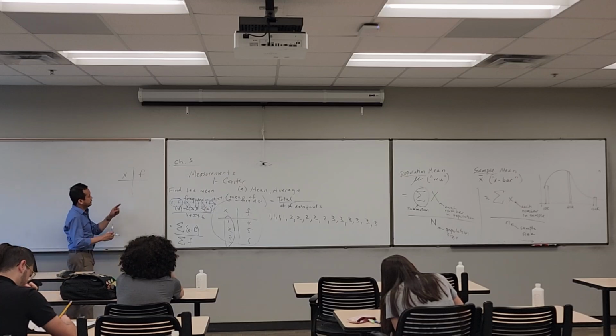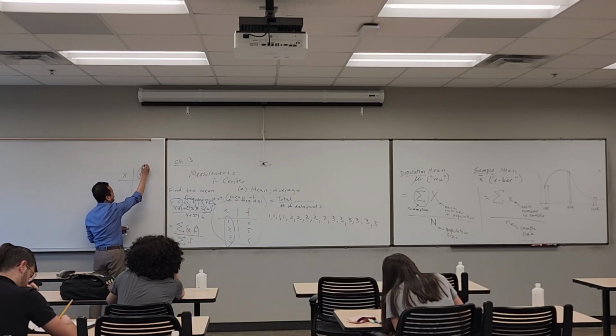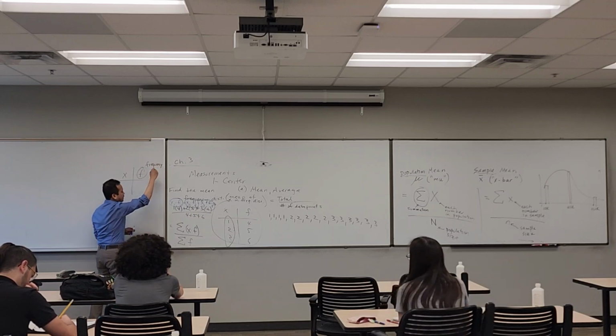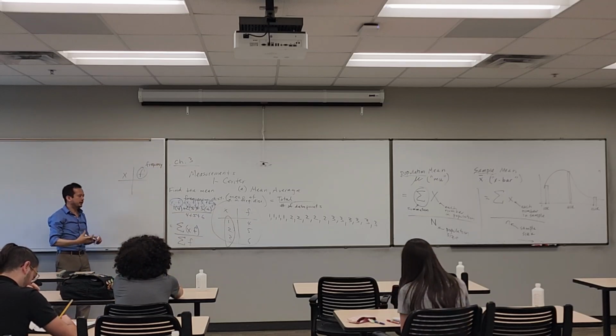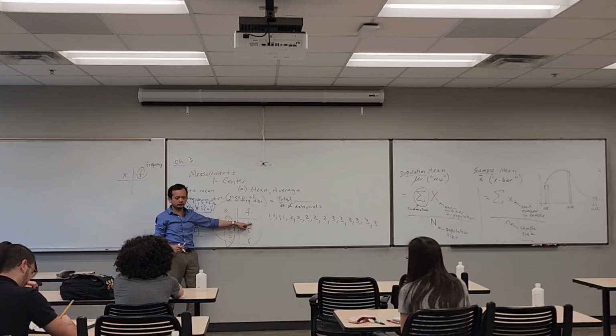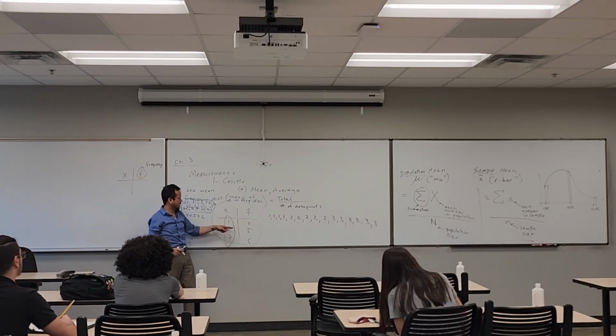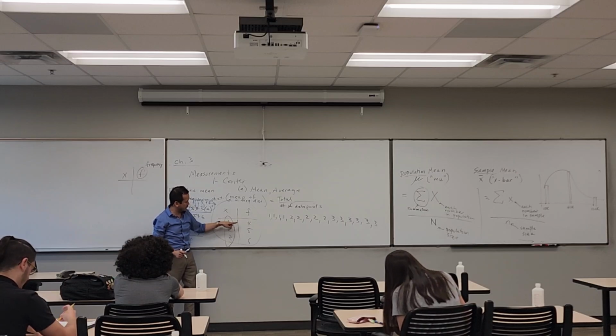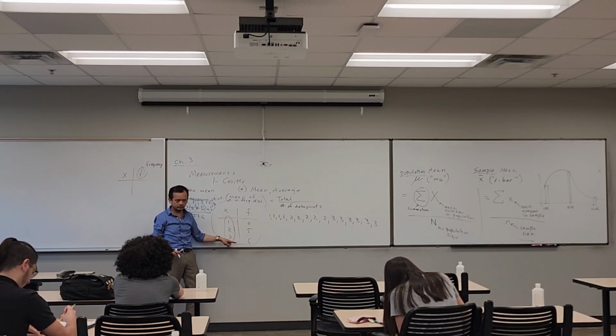Okay, and so this f stands for frequency. But you can also think of it as each of these x values being weighted a certain way. So for example, this one that occurs 4 times is being weighted a little bit less than this 3 that occurs 6 times.